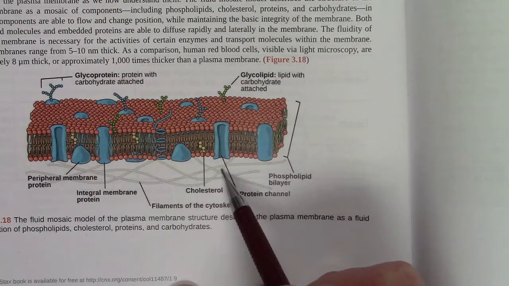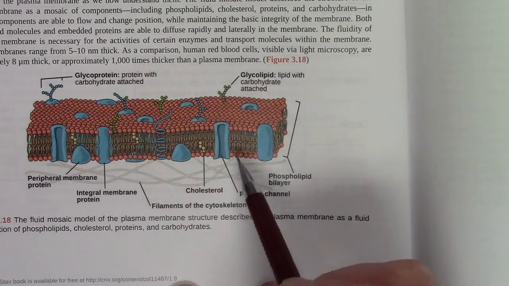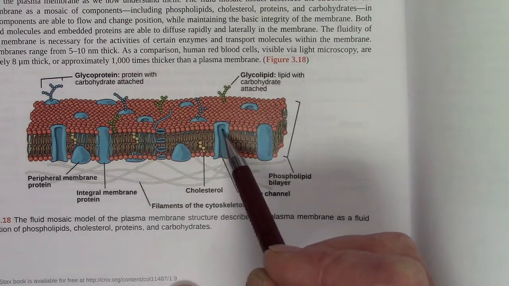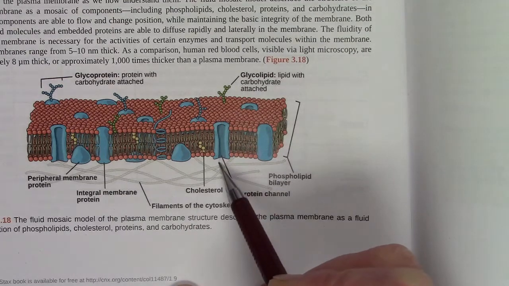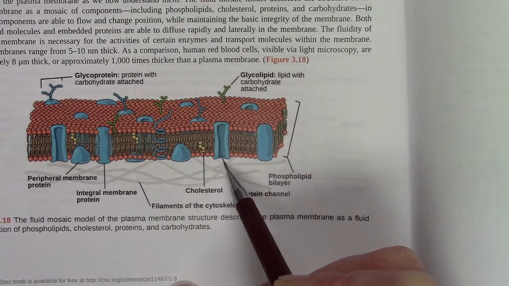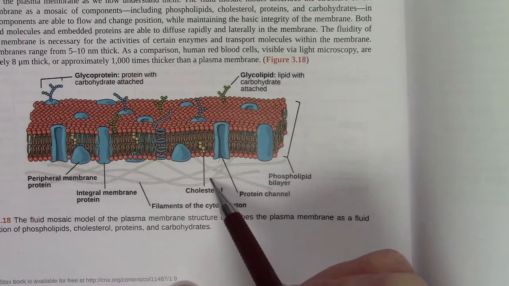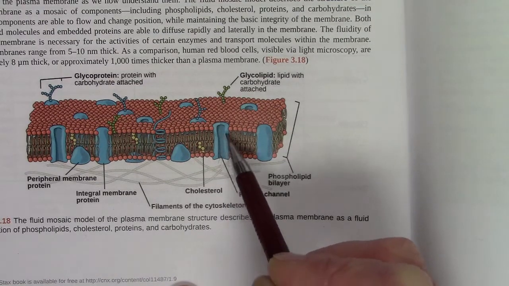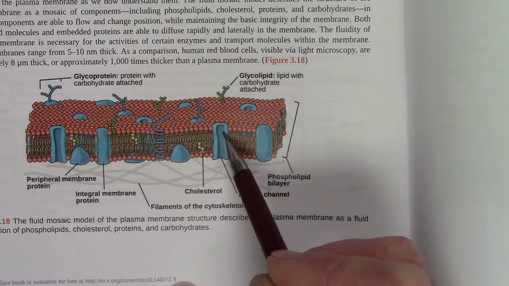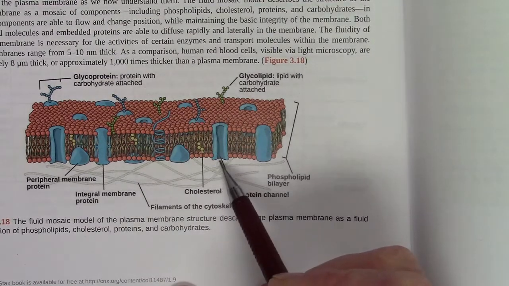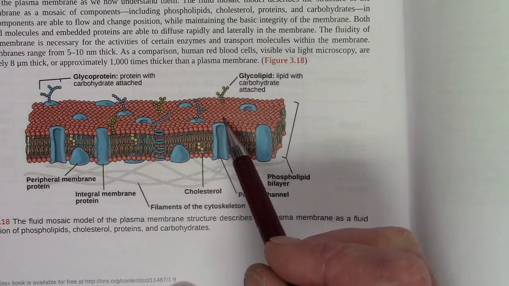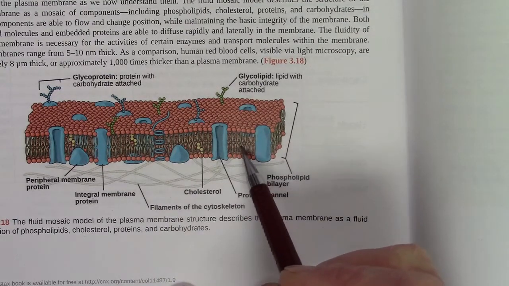So if water is going to pass from one side of the membrane to the other, it has to go through little channels. And other ions and nutrients that are dissolved in water, the only way they can move through is to go through a channel also. Water and the sodium, or water and the glucose, are able to pass through that hydrophobic region.